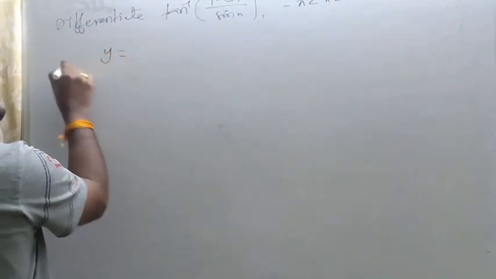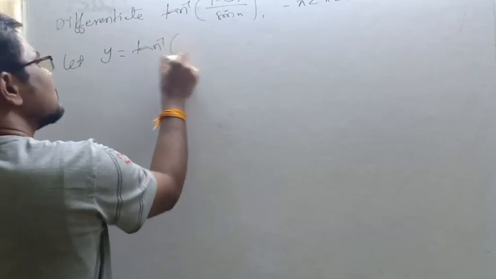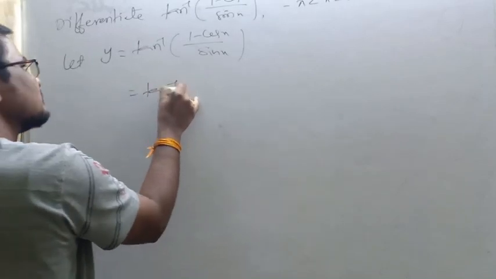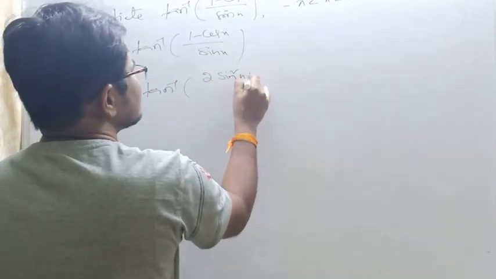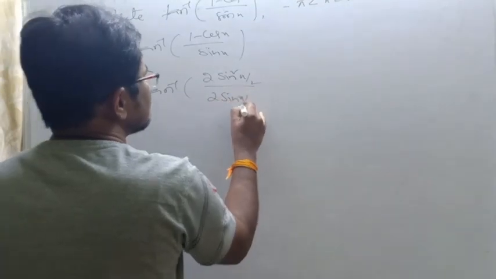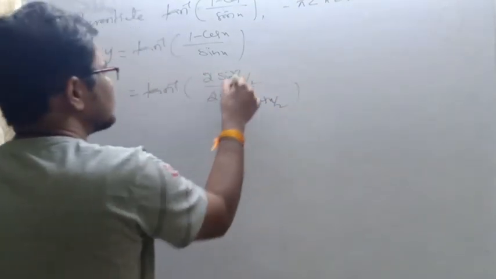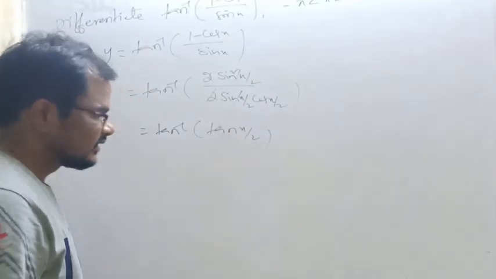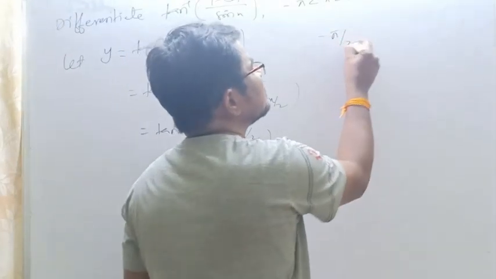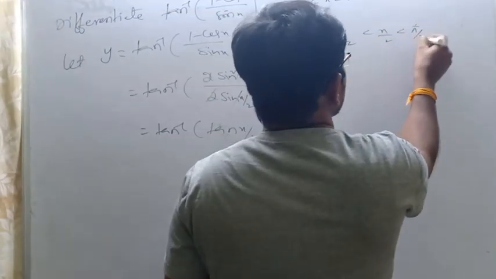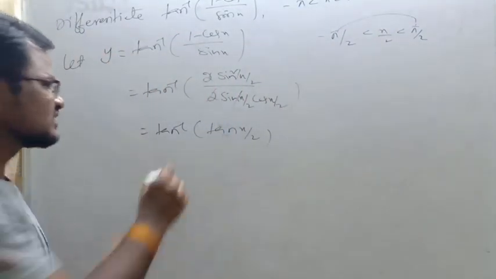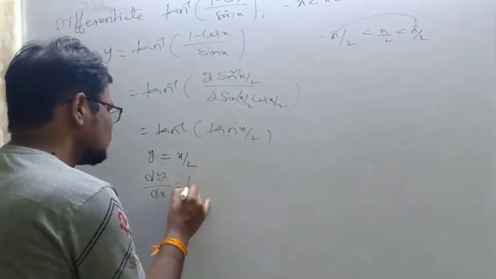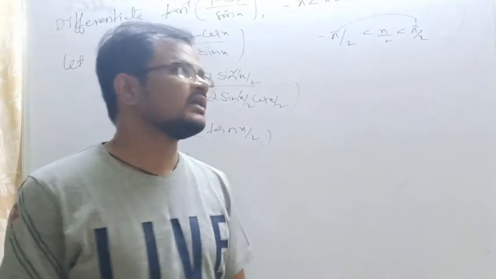Let y equal to tan inverse of 1 minus cos x by sin x, that is equal to tan inverse of 2 sin square x by 2 by 2 sin x by 2 and cos x by 2, 2 get cancelled, that is equal to tan inverse of tan x by 2. Now tan inverse of tan x by 2, minus pi by 2 less than x by 2 less than pi by 2. Now this is the range of tan inverse, no? So that's why directly you can take it as x by 2, this is y. Now dy by dx equal to 1 by 2, simple thing. Right, understood?